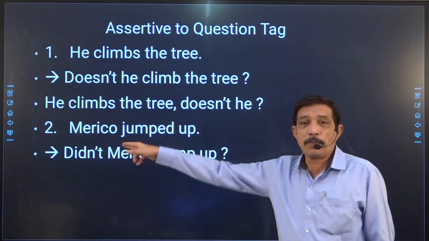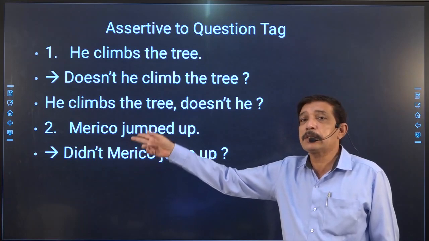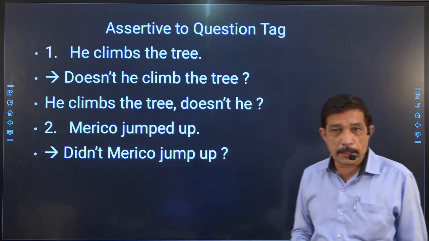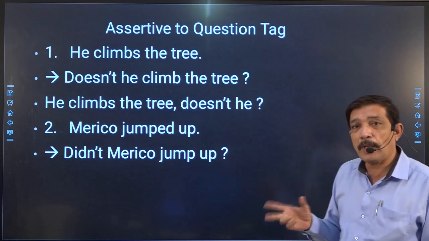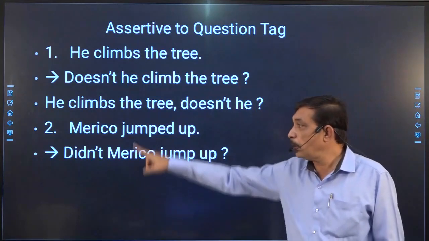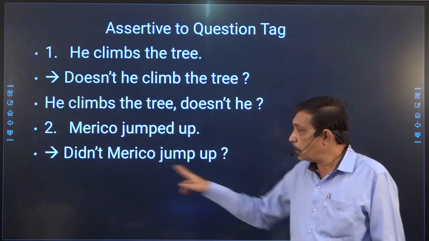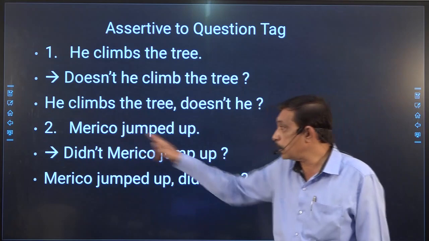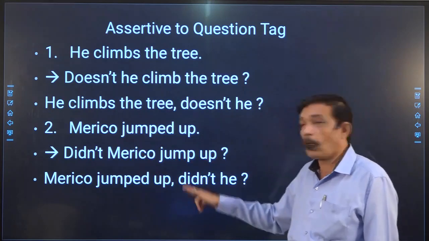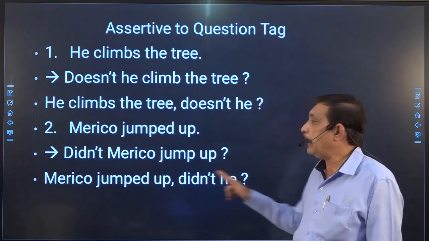Did, that is a past tense used over here. Negation is not there, so I included negative and combined both the words to make an abbreviated form, didn't. Keep the subject after that. The same thing we are going to use in the question tag. I'll write the sentence as it is. Mariko jumped up, followed by comma, didn't he?